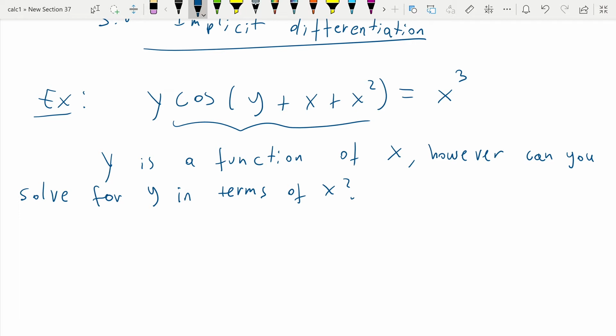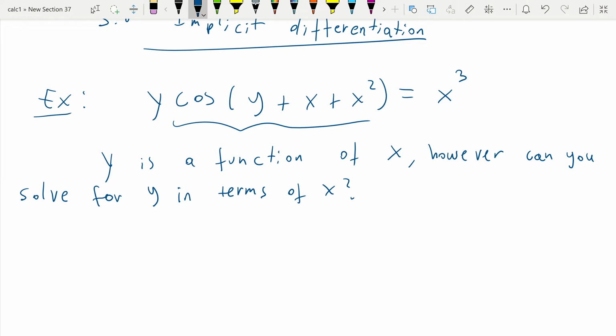Why do we know that y is defined implicitly as a function of x? Because if you fix x to take on a particular value, then y cannot just be anything. So if x is 0, then y cannot take on any arbitrary value.